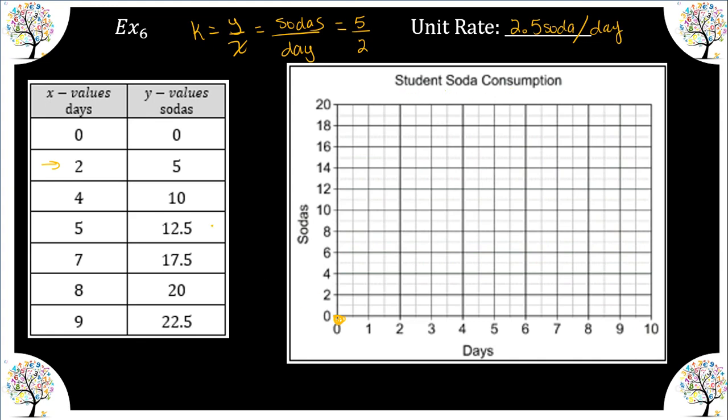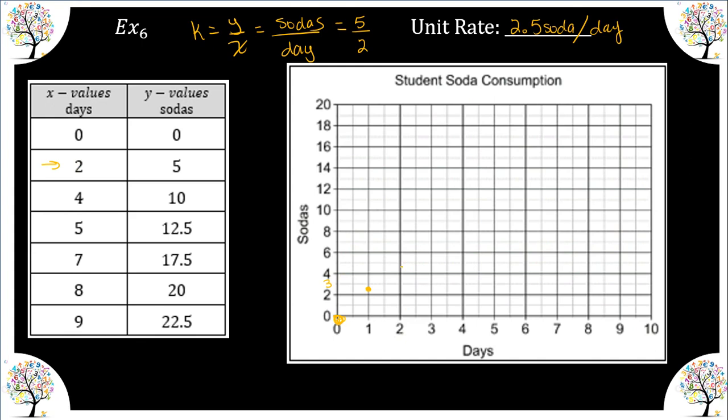So our X values are days, our Y is total sodas that we drink. And now let's graph. We can start out with, in 1 day, it's 2.5, so this would be 3. So 2.5 would be about right there. So I'm just going to graph the ones that are here.